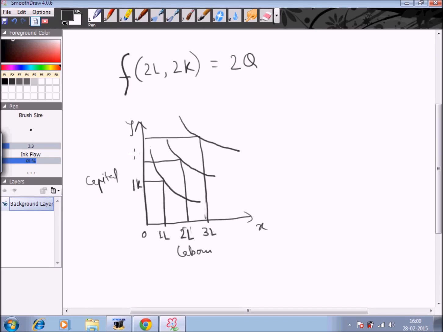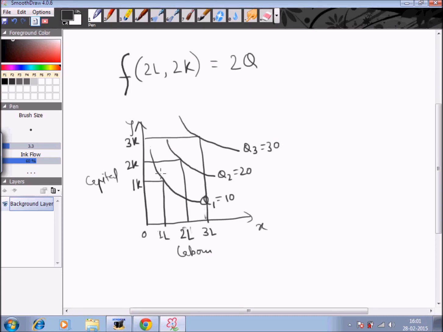Likewise 1K, 2K and 3K. So in isoquant curve 1 we get the units of production as 10, in isoquant curve 2 we get the units of production as 20, and in isoquant curve 3 we get the units of production as 30.